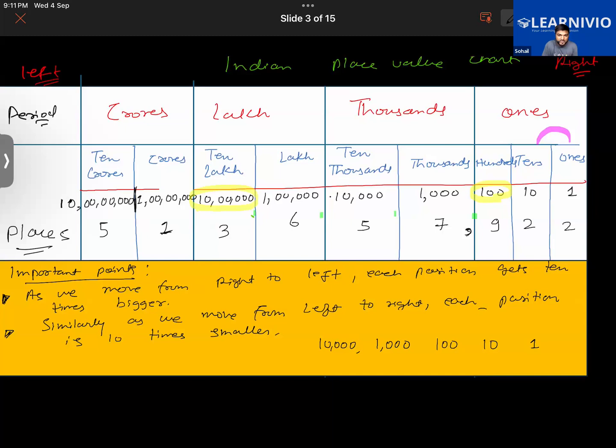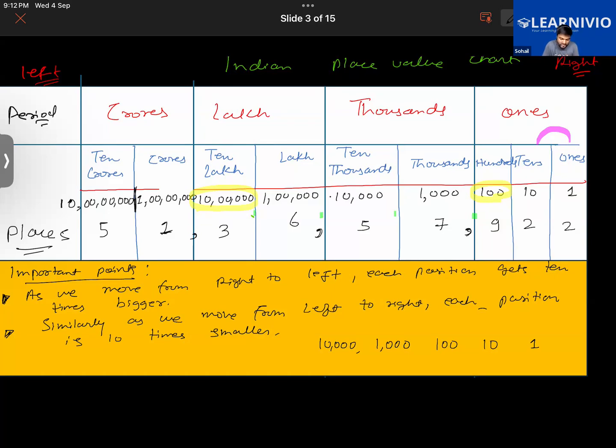Then the next comma will be put between the thousands and the lakh period, basically where the thousand period ends. So it will be put between 6 and 5. Got the thing now. Then the next comma will be put after the 10 lakh place, where the lakh period ends, that is between 1 and 3.